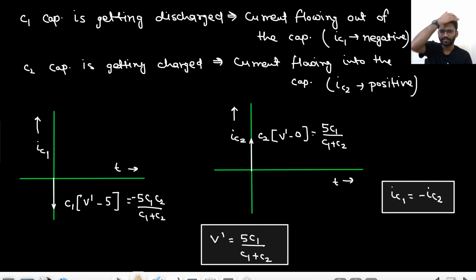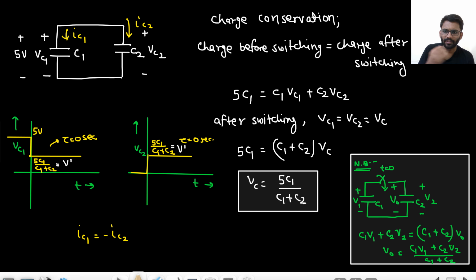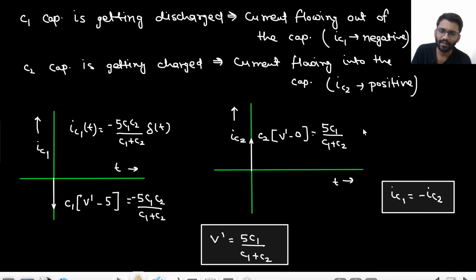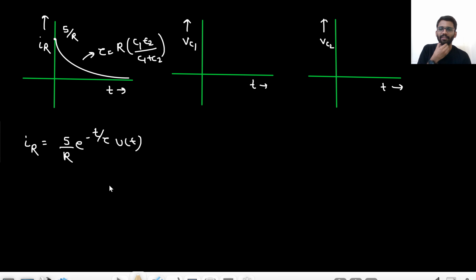And here, if they had asked you in the previous problem what is the equation of IC1(t)? That is minus 5 C1 C2 upon C1 plus C2 delta t, right? And what is the equation of IC2(t)? That is 5 C1 upon C1 plus C2 delta t, right? And here in this question, the equation is 5 by R e to the power minus t upon tau u(t).